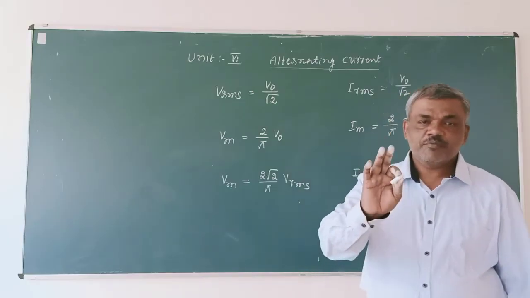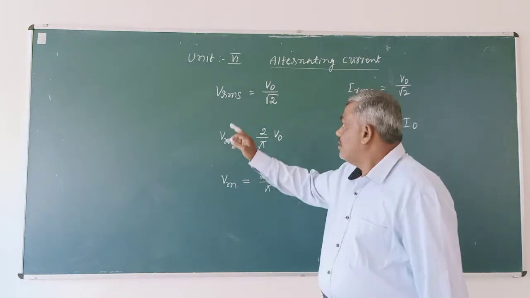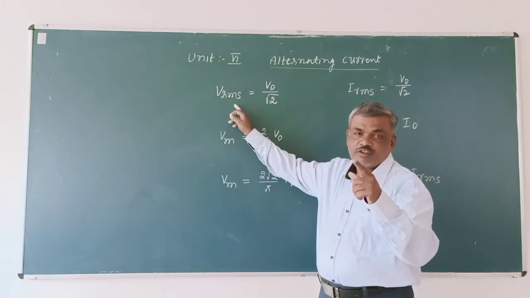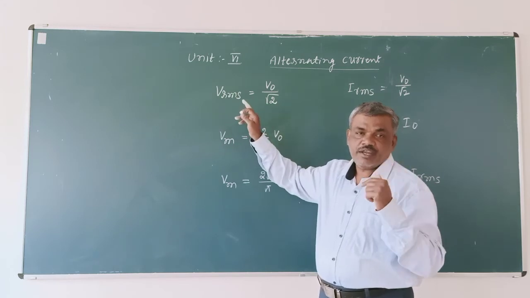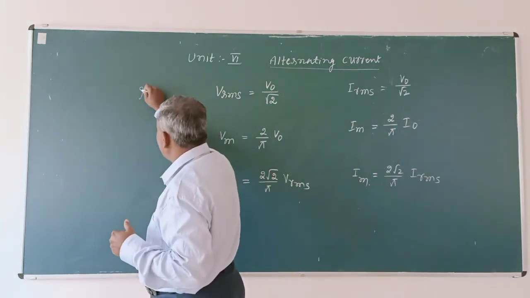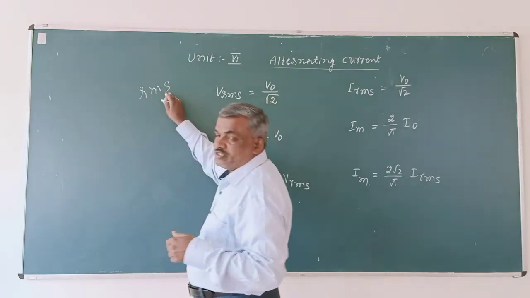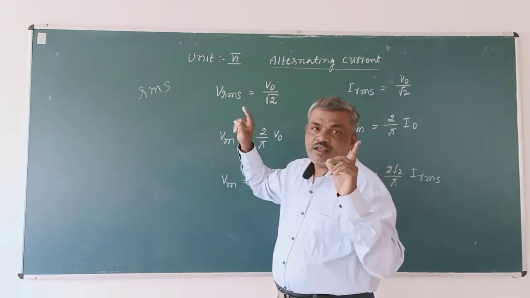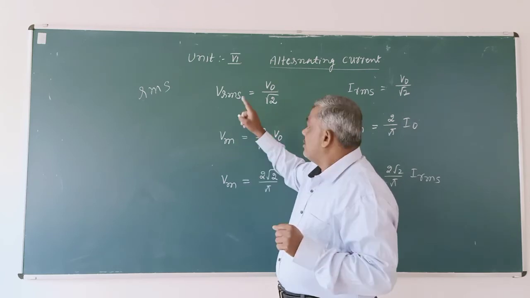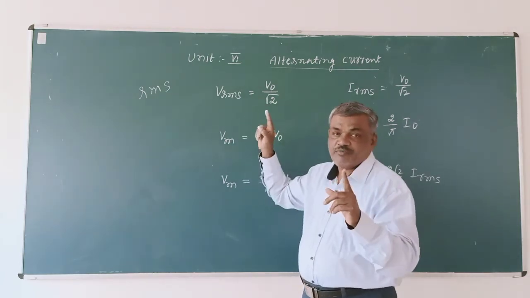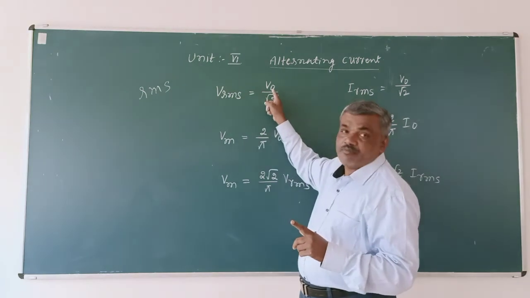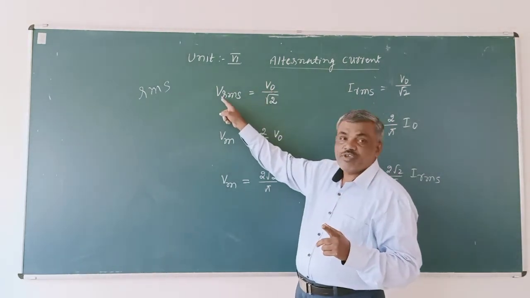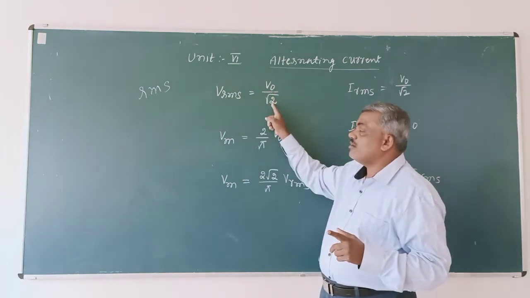Students, some important relations here. The relation between RMS, root mean square, and peak value of alternating voltage and current. V naught is the peak or amplitude. Write the relation between RMS and peak value of alternating voltage: Vrms equal to V naught by root 2.